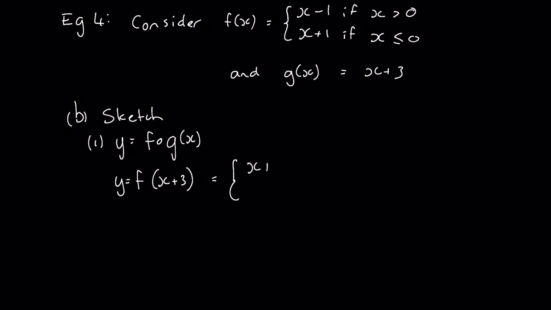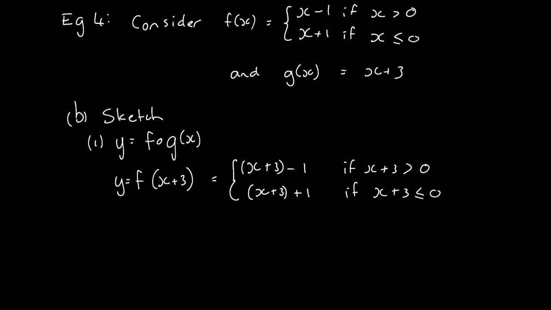It's either x plus 3 minus 1 if x plus 3 is greater than 0, or it's x plus 3 plus 1 if x plus 3 is less than or equal to 0. Now why I've done that is because the value we're now substituting into f is x plus 3.